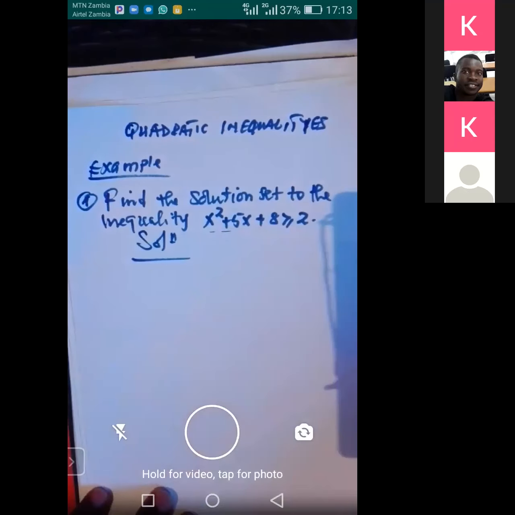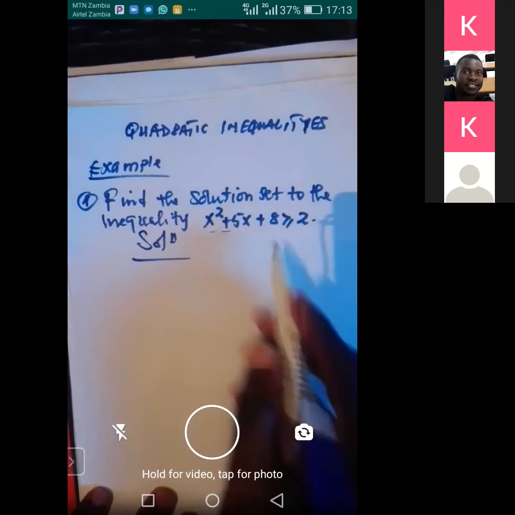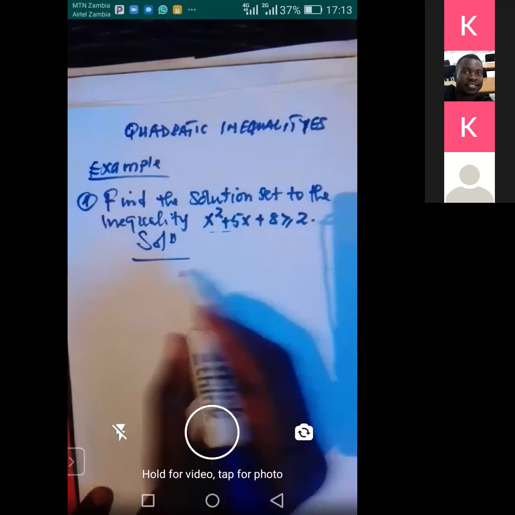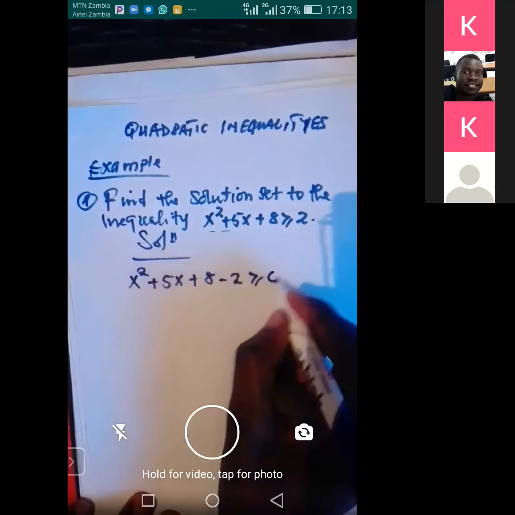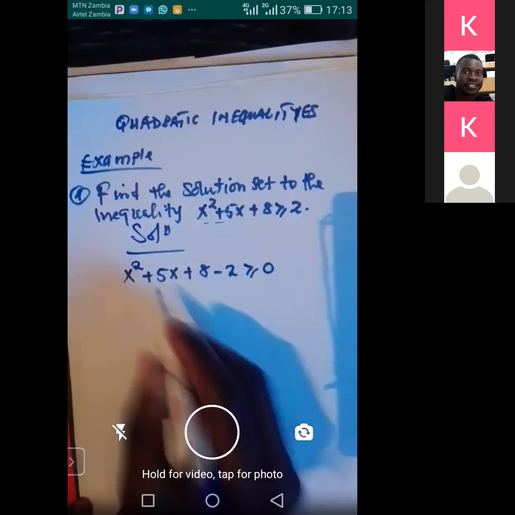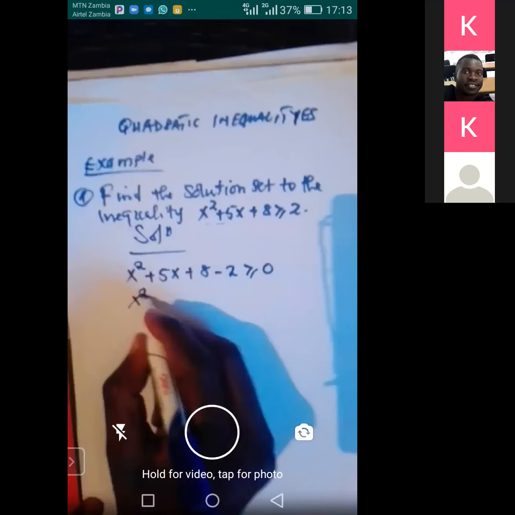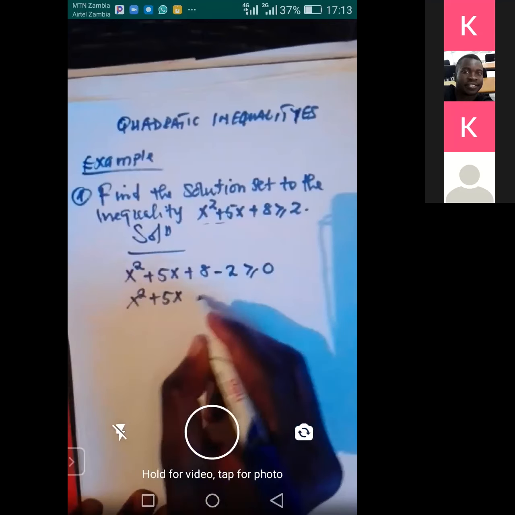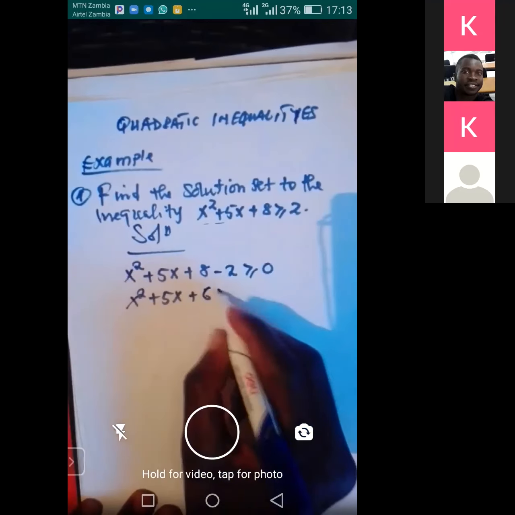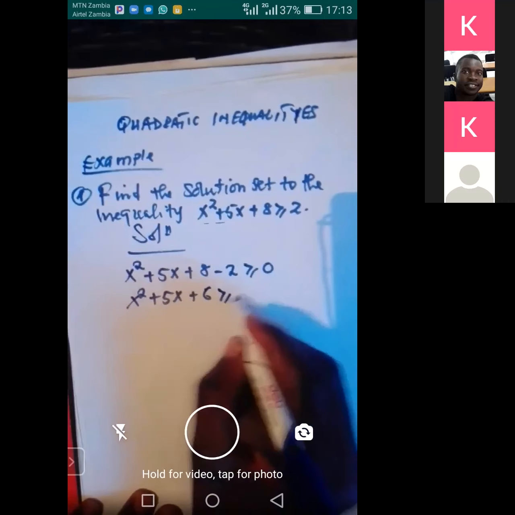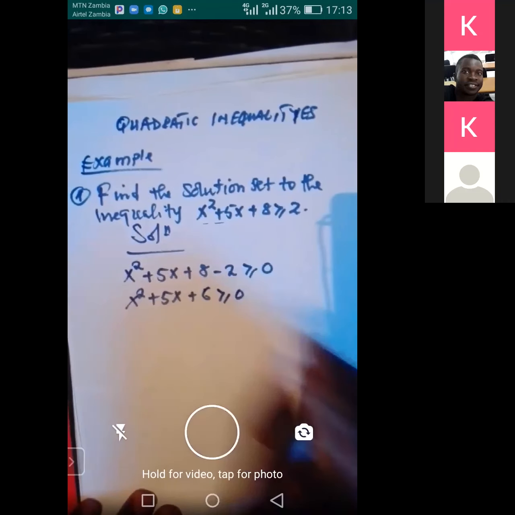So this will become x squared plus 5x plus 8 minus 2 greater or equal to 0. Then we have x squared plus 5x plus 6, which is greater or equal to 0.